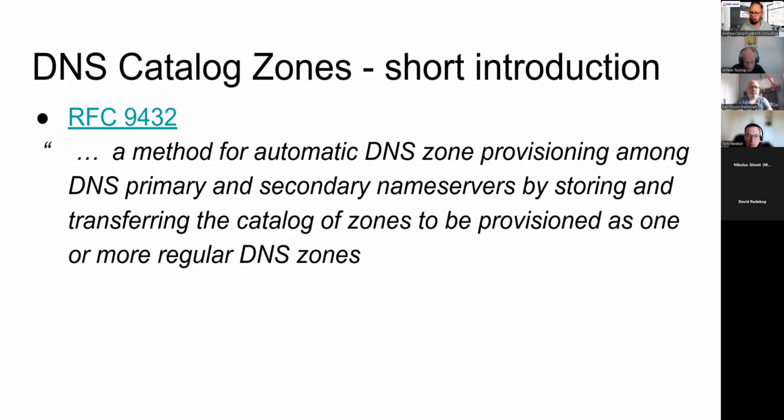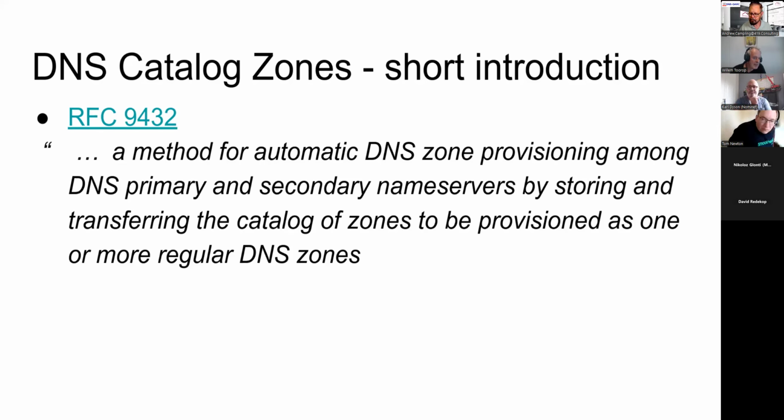Catalog zones is a standard, and it's implemented in authoritative name servers: in Bind9, in Knot DNS, in NSD, and in PowerDNS. The authors of those name servers are also the co-authors of this RFC 9432.